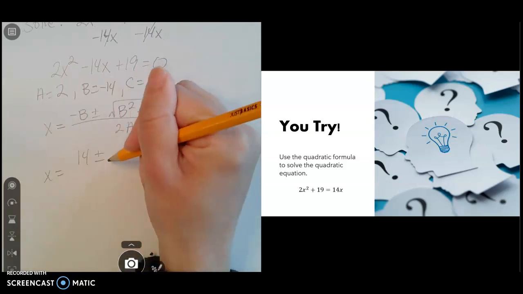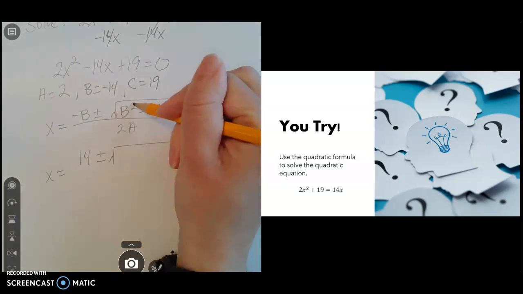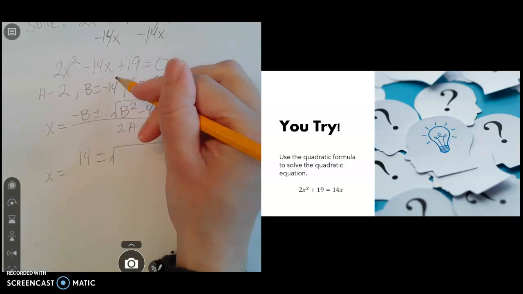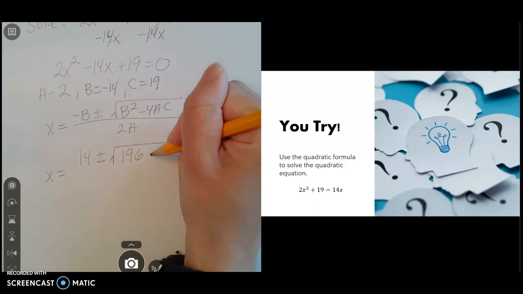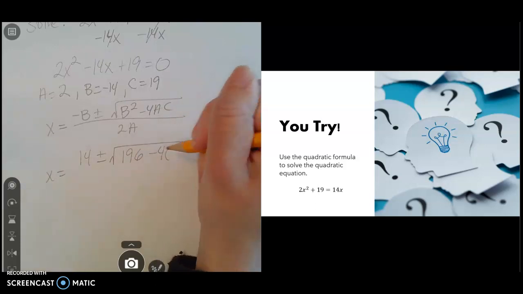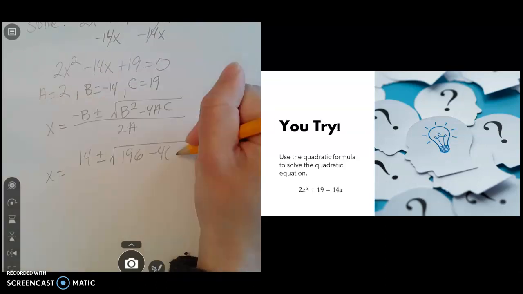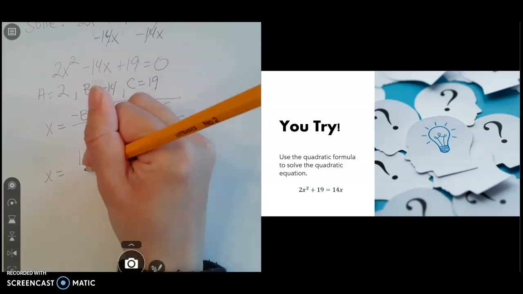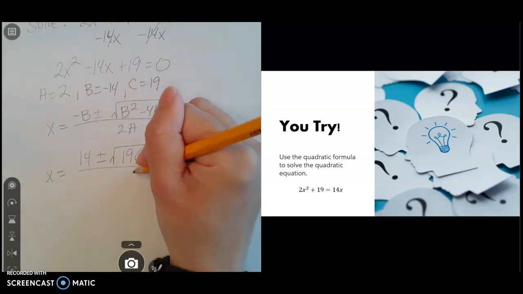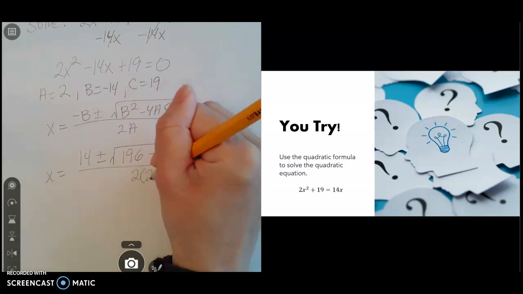Plus or minus the square root, I'm going to do b squared, so that's negative 14 times negative 14, which is 196. Minus 4 times a, which is 2, times c, which is 19, all over 2a, so that's 2 times 2.